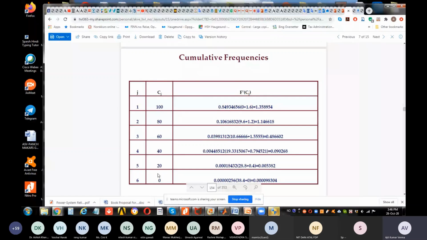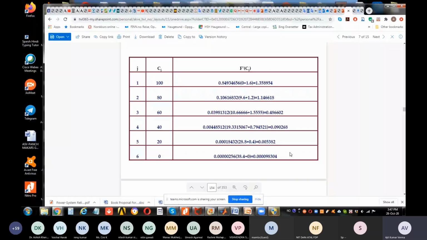If you just took the individual frequency, at this stage where you have 0 megawatt, whether you call it individual, simple or cumulative frequency, that's okay. Now let's look at 20, so that means either 0 or 20. You find out this probability, do you remember?